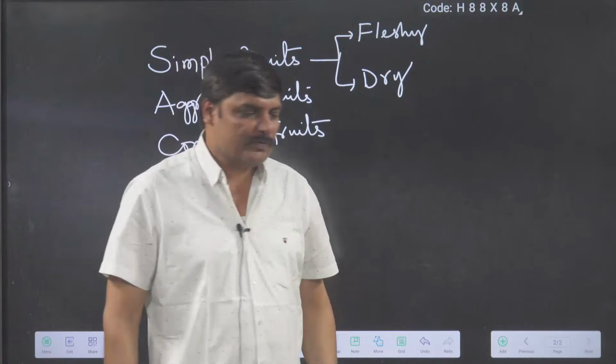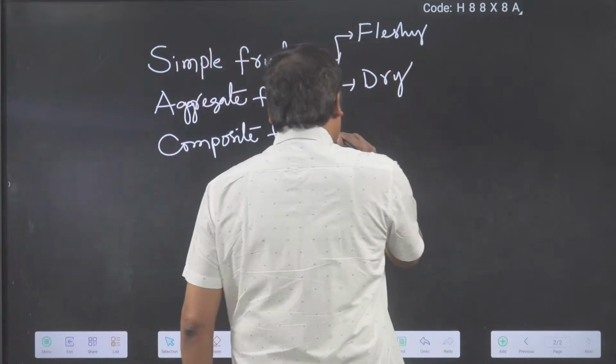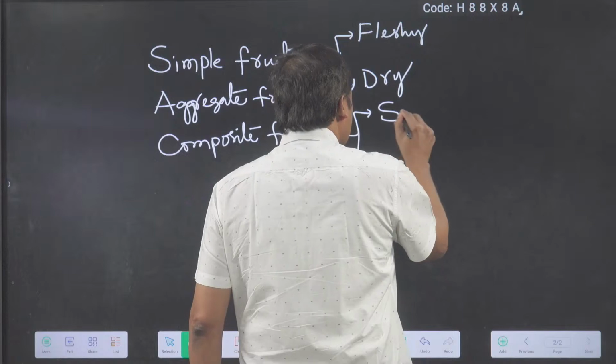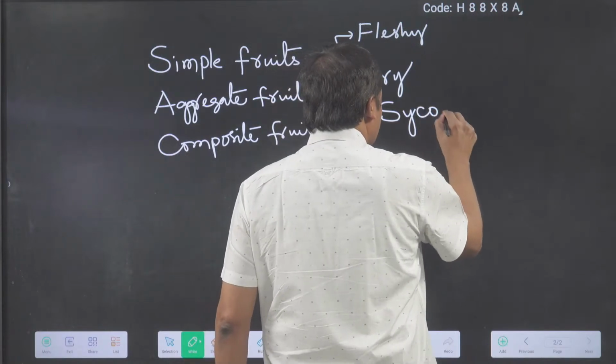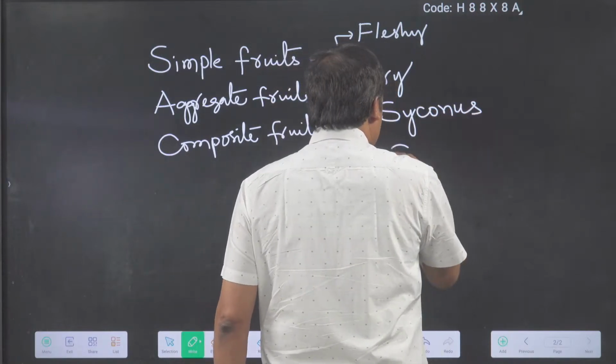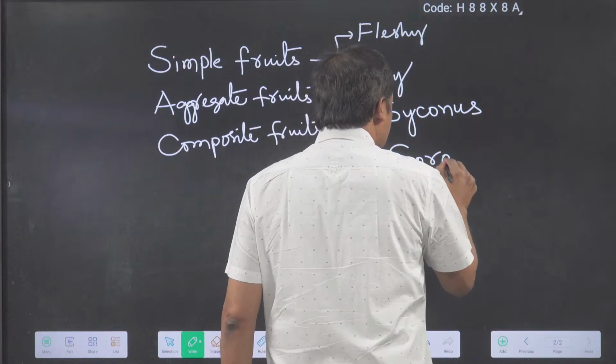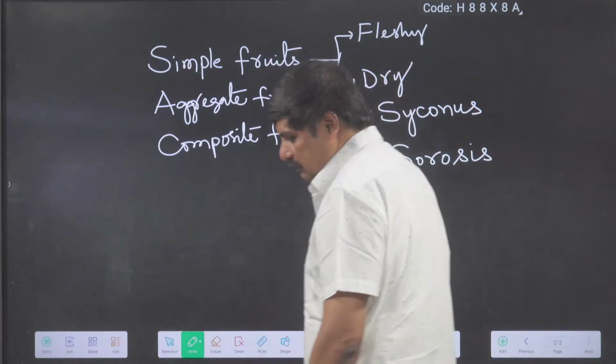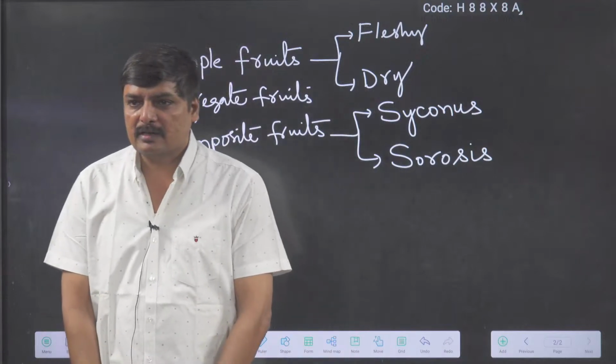These composite fruits are divided into two types. What are they? One is syconus and the second one is sorosis.